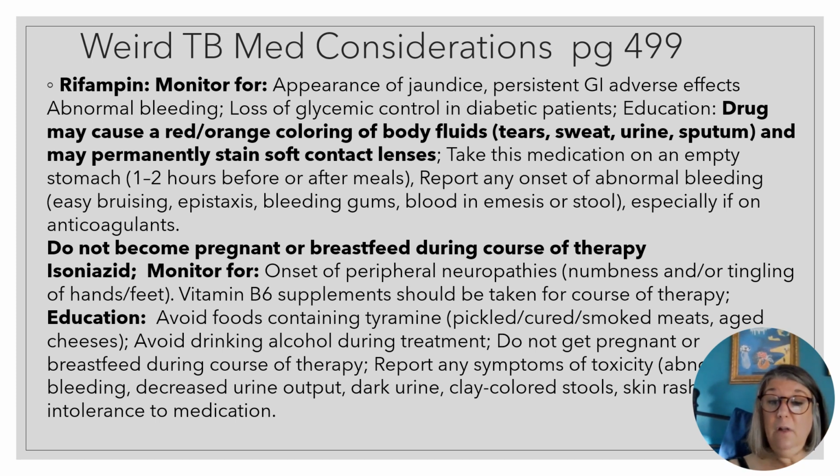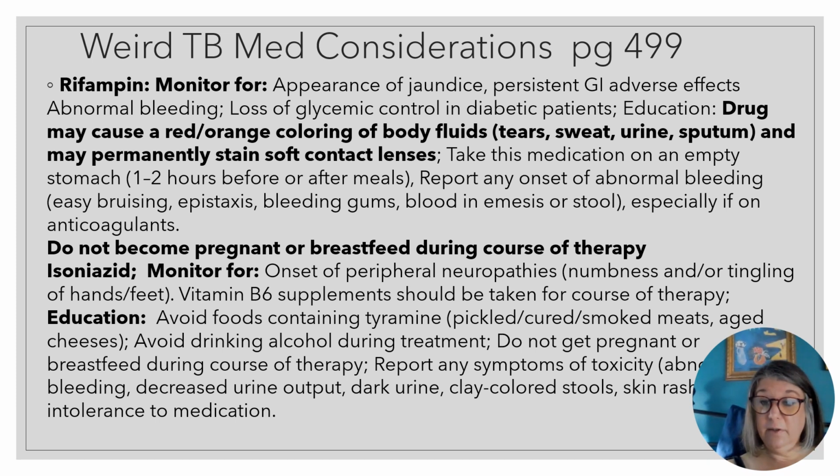Also, a lot of the TB meds are really hard on the liver. So we're going to want to warn people about signs and symptoms of jaundice, maybe persistent GI effects, abnormal bleeding. Rifampin can also cause problems with glycemic control in diabetic patients. So maybe your diabetes was under control using metformin, if you're type 2, and now all of a sudden your sugars are nuts, right?